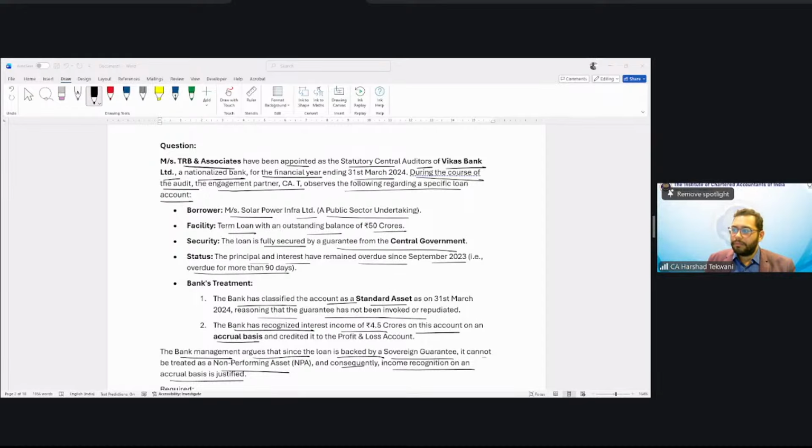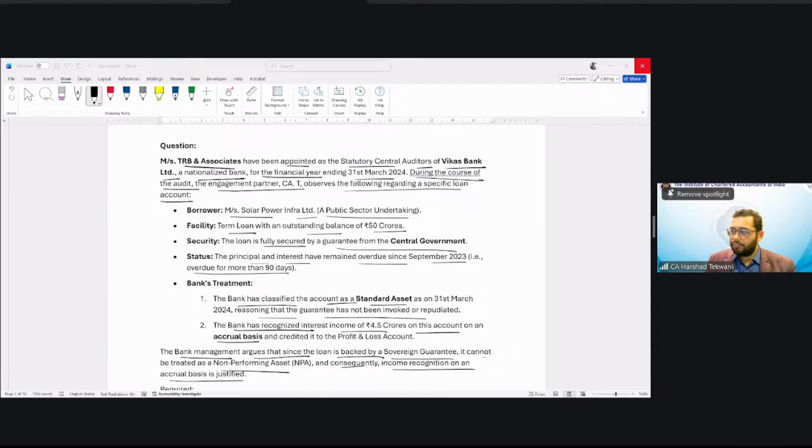Okay, so as per you, it should be NPA. Income should not be recognized. Any other answers?